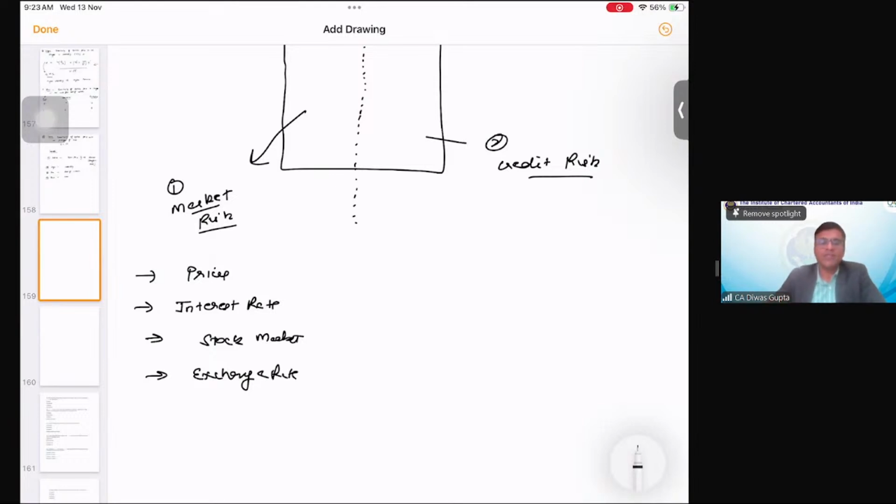So these are all things which are actually changing from the market standpoint, right? This is called market risk, which is mostly dependent on the demand and supply, right? So which market forces drive these values or these risks? These are called market risk.